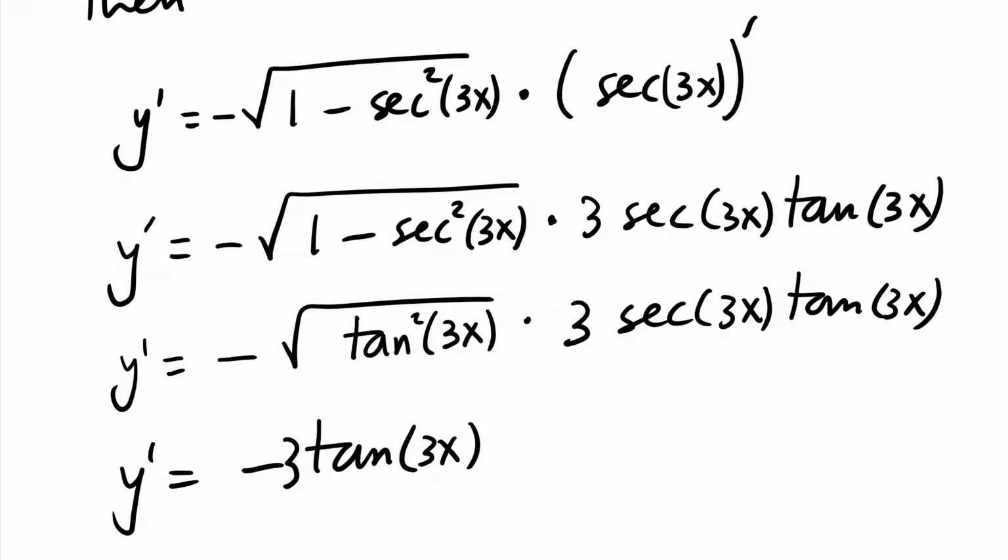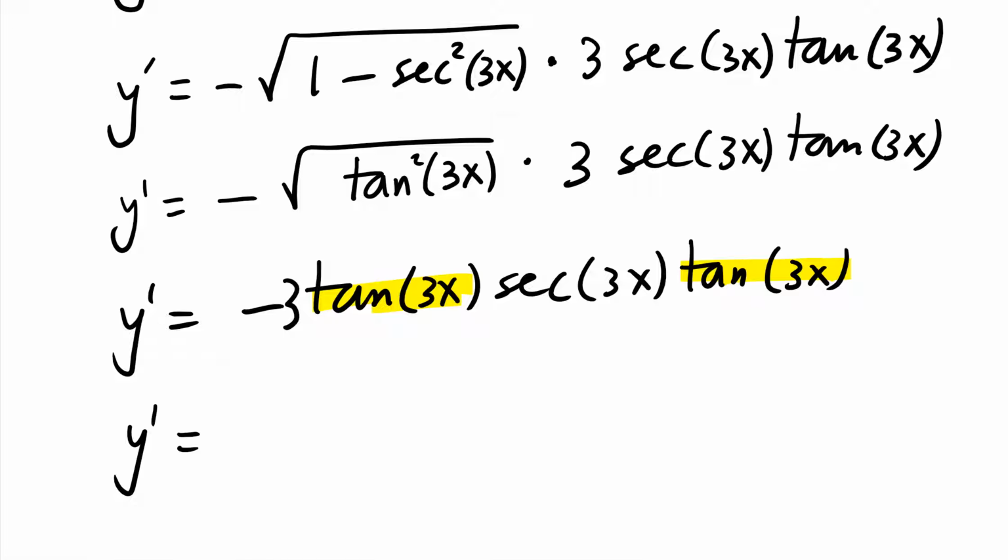Usually people put absolute value, but I'm going to assume it's positive. So secant 3x, tangent 3x. And notice I have a tangent 3x repeated here and there. I can multiply them together, and y prime would be negative 3 tangent squared 3x secant 3x.